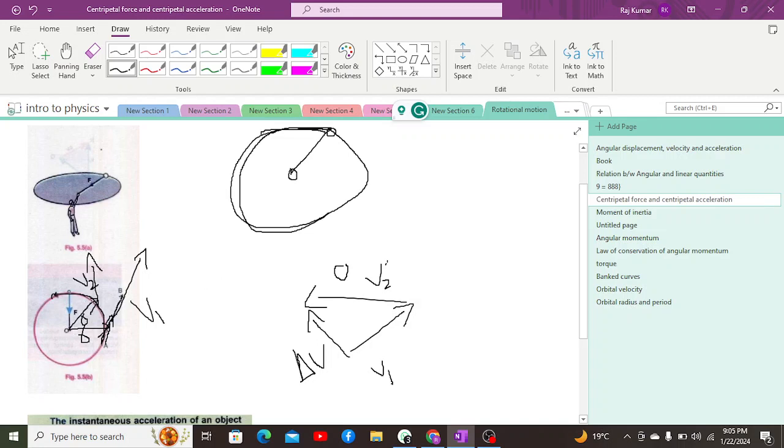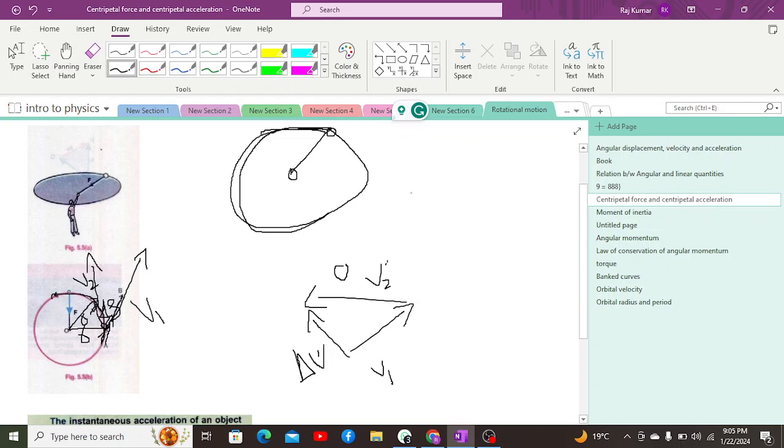This was the distance r from each other, and the arc length between them was s, or delta s. So if we talk about both figures, r and delta s, and v1, v2 and delta v, both are isosceles triangles, such that the sides delta s and r, and delta v and v, are equal.